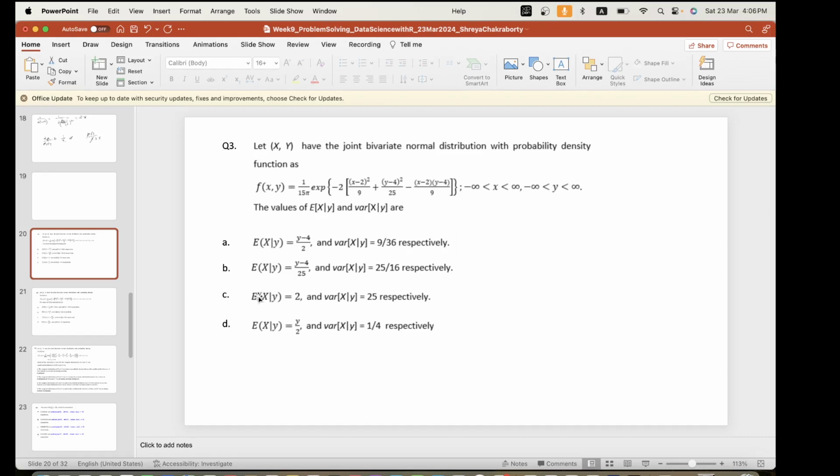Will the table be on the computer itself, or a physical table, or do we have to bring our own? I don't think you have to bring your own. The values and critical values should be provided to you, but it should be available on the screen, actually.